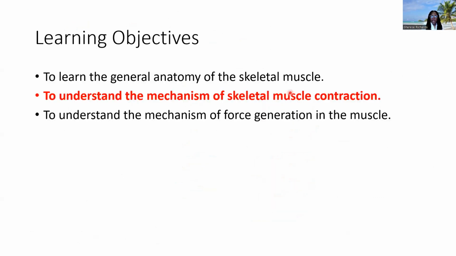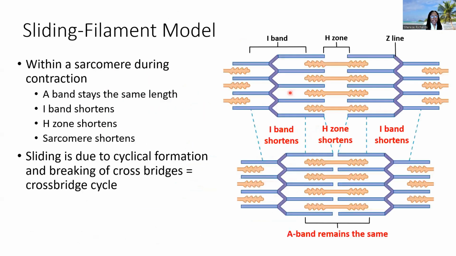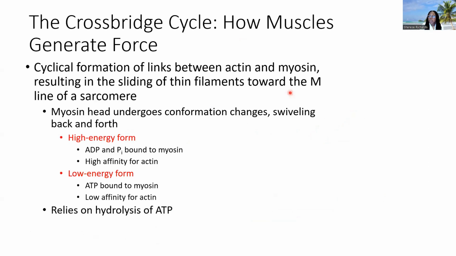Okay. Let's look at the states of the myosin head. So in order for us to think about cross bridge cycling, we have to review the states of the myosin head. The myosin head has the high energy form and the low energy form. Definitely commit this to memory because you won't understand the various phases and what happens in cross bridge cycling unless you associate the high energy form with having ADP and the phosphate bound.